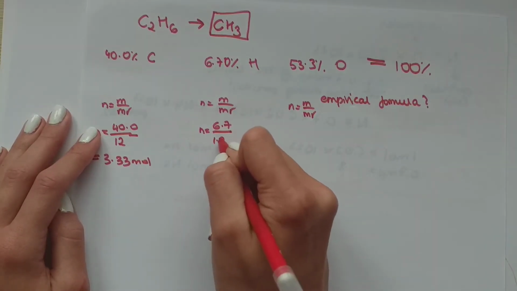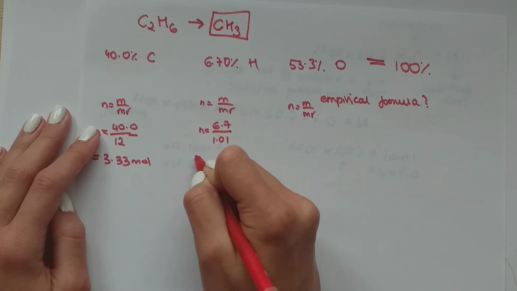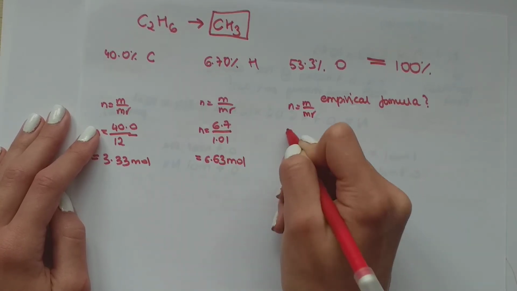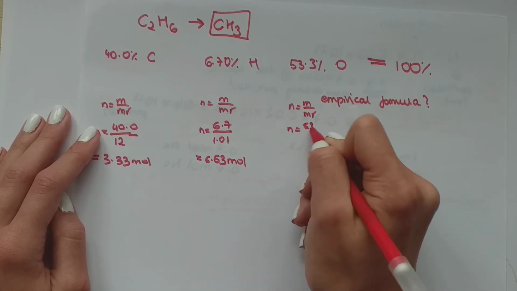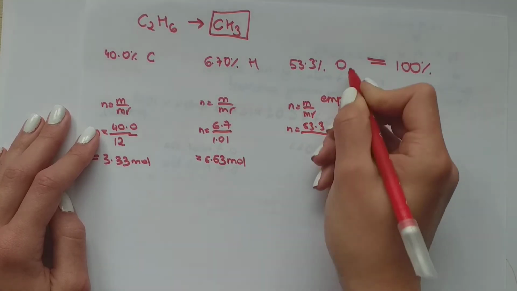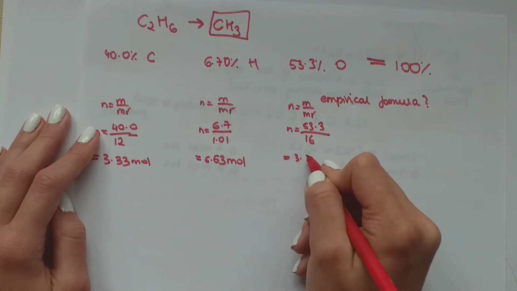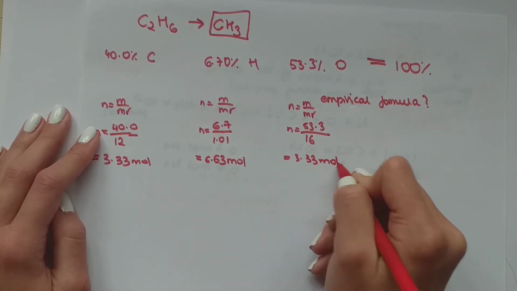So the atomic mass of hydrogen is 1.01, so the answer is 6.63 moles. And the last one is for oxygen, our percentage as a mass, and the Mr, atomic mass of oxygen, is 16, which gives you 3.33 moles.